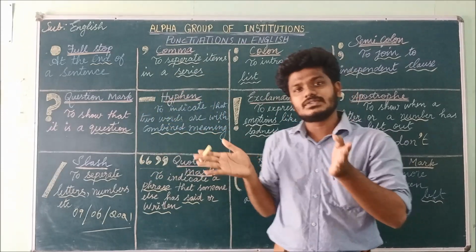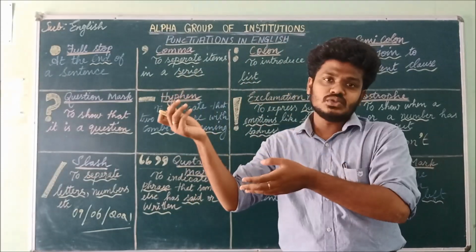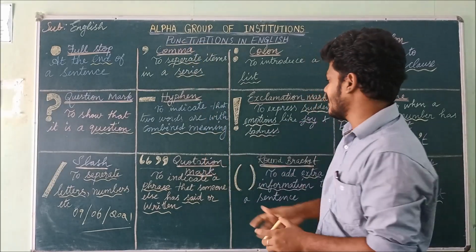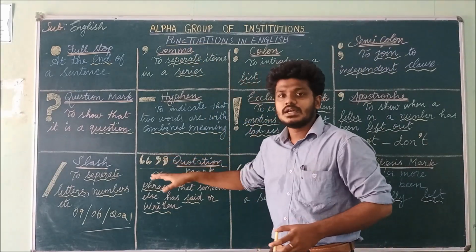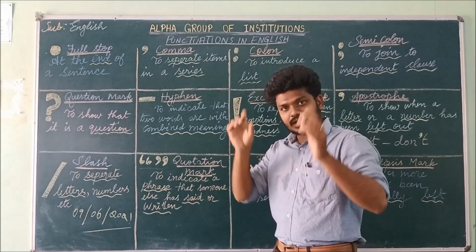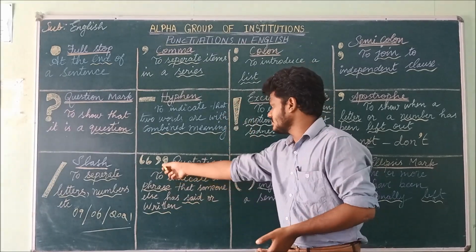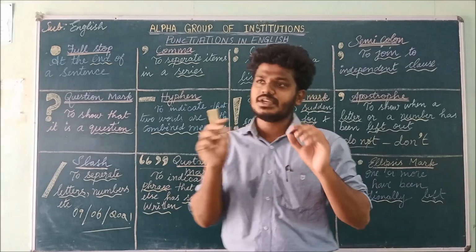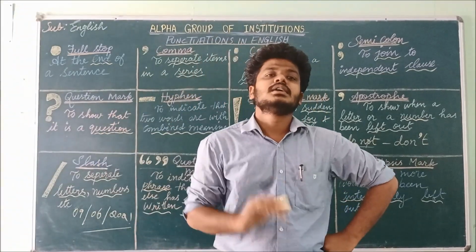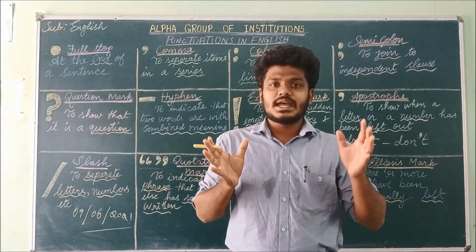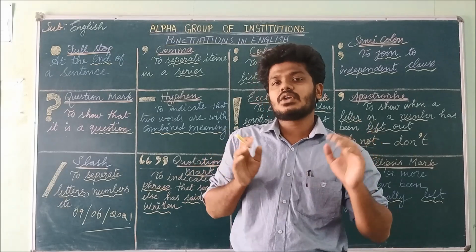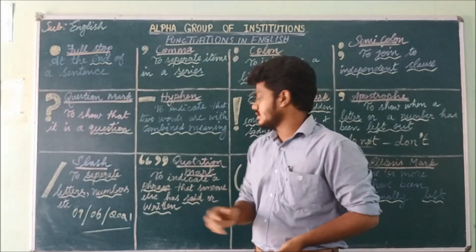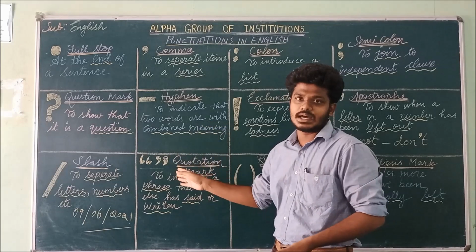The copyright of that idea belongs to that particular person. So we don't have any authority to change the idea within the quotation mark. Once a sentence or a phrase is given in a quotation mark, the main thing is that the idea is said or written by someone else. So that's the purpose of using a quotation mark.